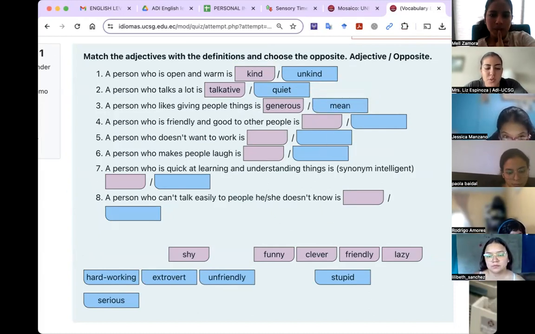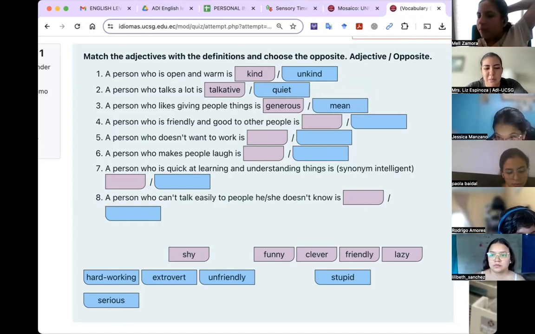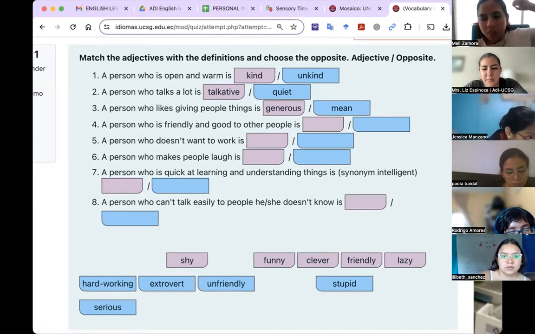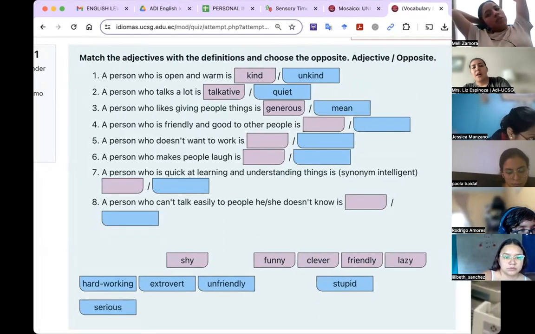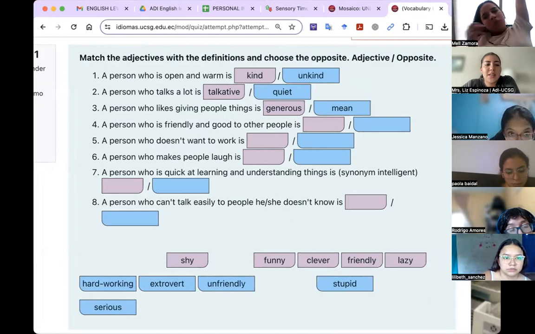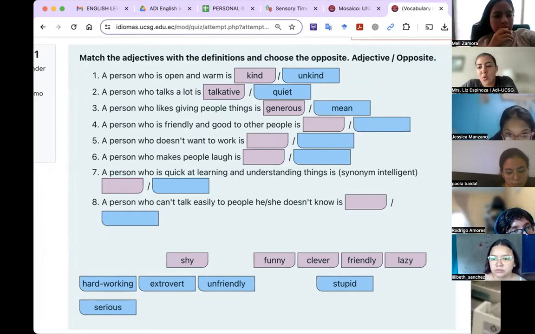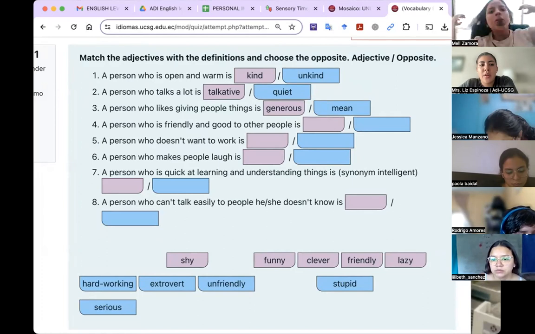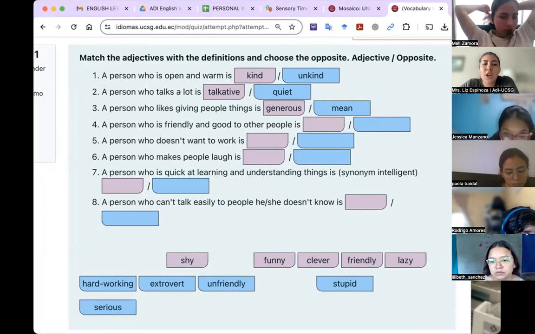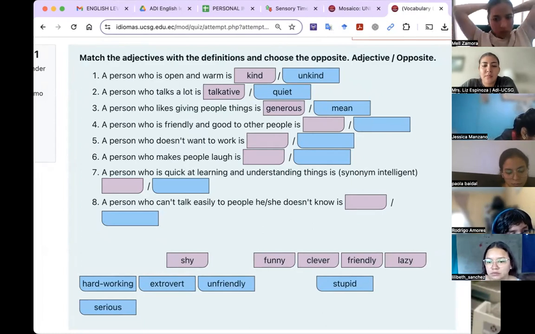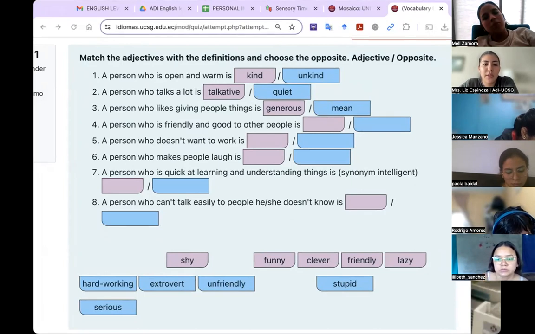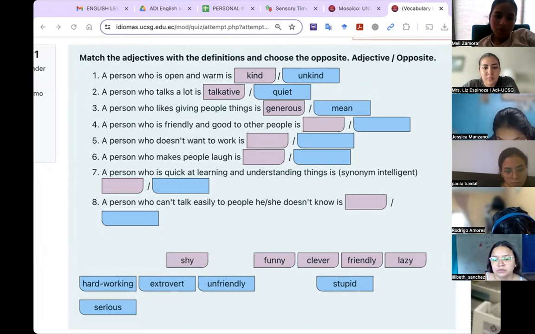Actually, sometimes we use the word mean when someone is a bad person, right? All right. A person who is, you see, who for person. A person who is friendly and good to other people is friendly.